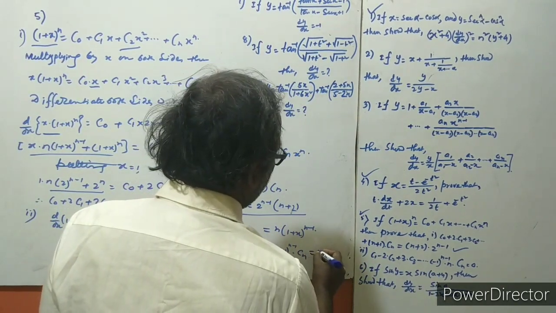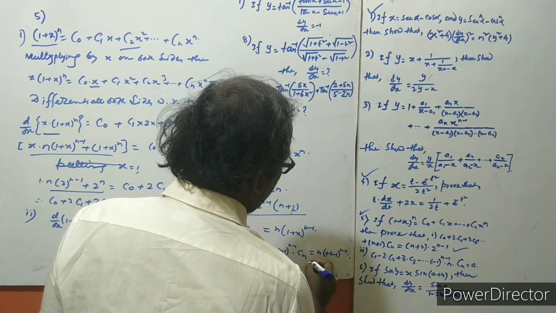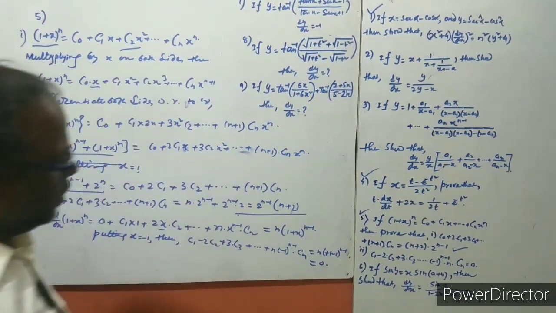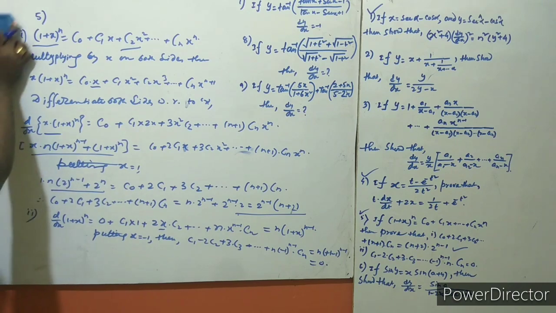And this is equal to n into 1 plus minus 1 whole to the power n minus 1, so it's 0. So question number 5 is complete. Now for question number 6, the very important question.